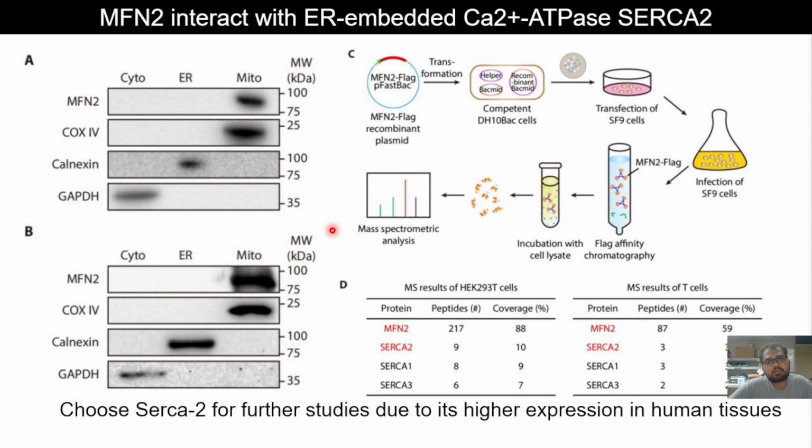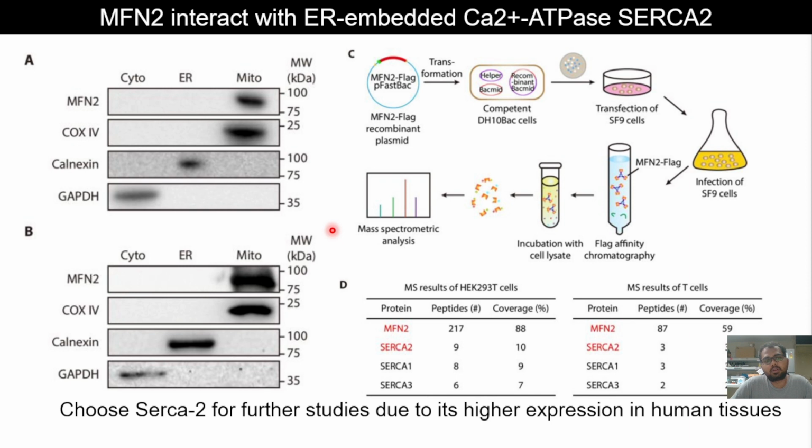They are saying that maybe it is only present where the mitochondria and ER connection or this tethering is happening. Maybe this MFN2 is only present in that part of the ER, not in all the ER fractions.